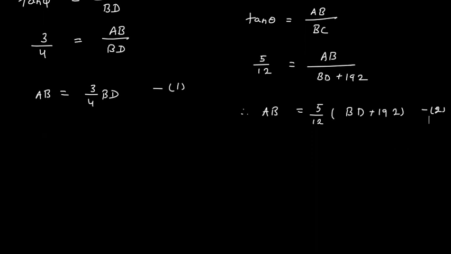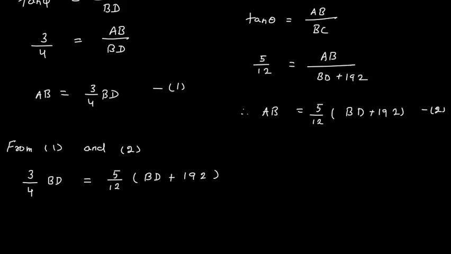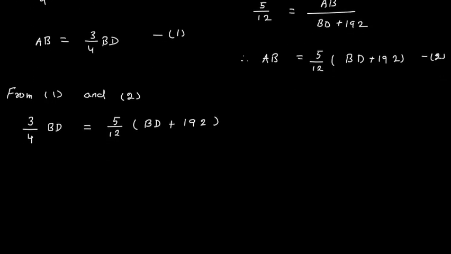You can say that from 1 and 2, AB is 3 divided by 4 BD. And here you have 5 divided by 12 times BD plus 192. Now I have to find the value of BD. So what I will do, I will multiply this 12 on this side.